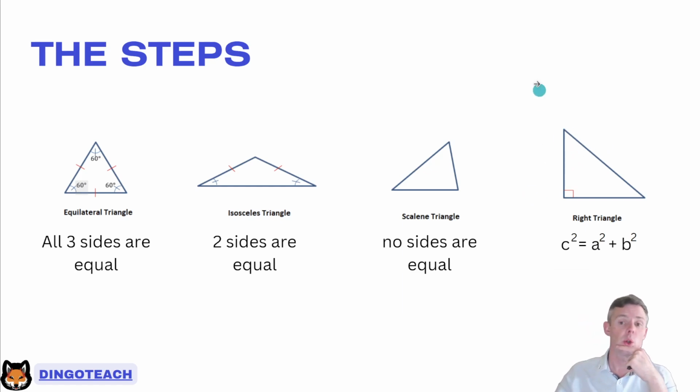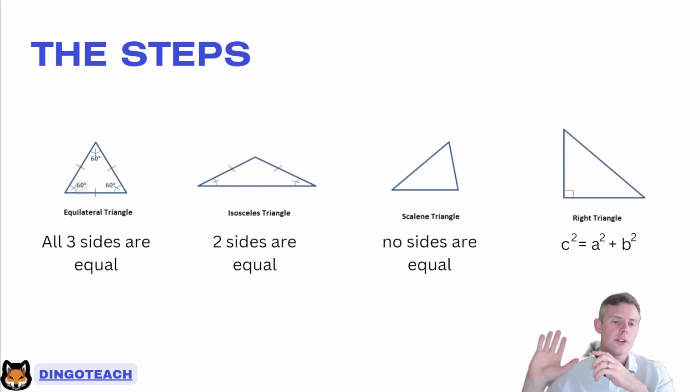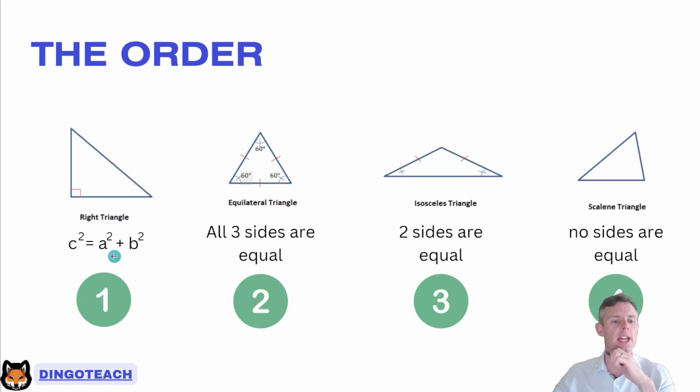The other thing is all sides might be different. This might be taller and that might be shorter, which means it's a scalene based on these rules. But it still has the right angle, so it's a right-angled triangle. I just realized it says right triangle, not right angle. Whatever. So we're going to do right angle first. We'll do that. Then we'll do the equilateral, then the isosceles, and finally scalene brings up the rear.